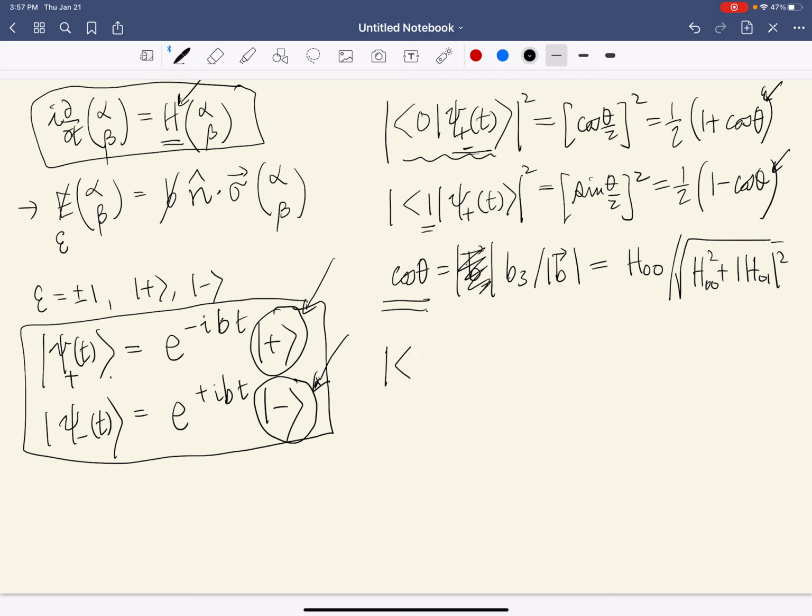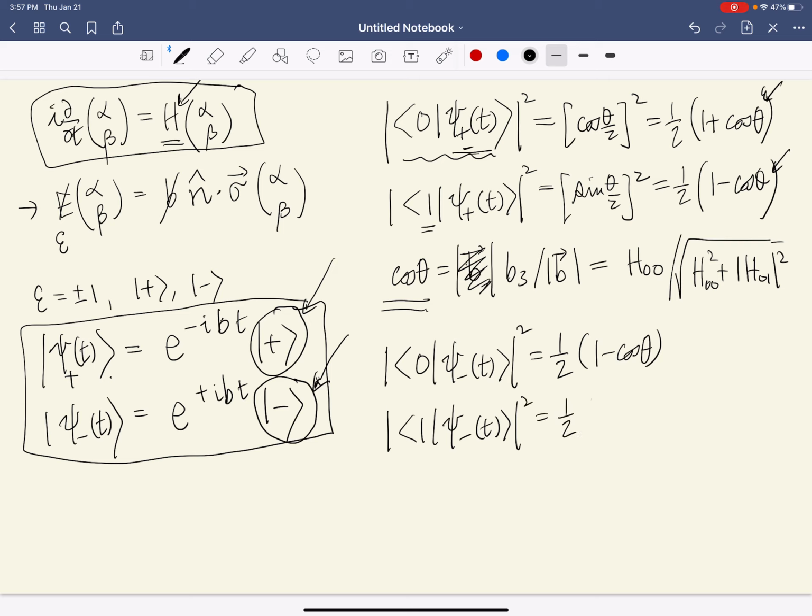Okay? And a similar calculation for the psi minus eigenstate will give you somewhat the reverse of this, so that this probability is now 1/2 times 1 minus cosine theta, and this probability is 1/2 times 1 plus cosine theta.